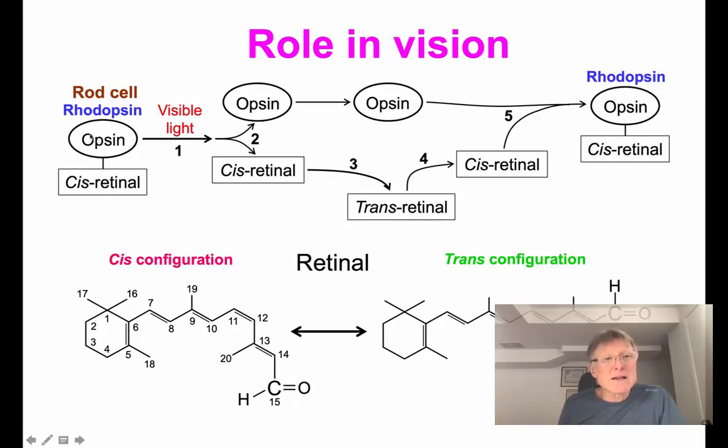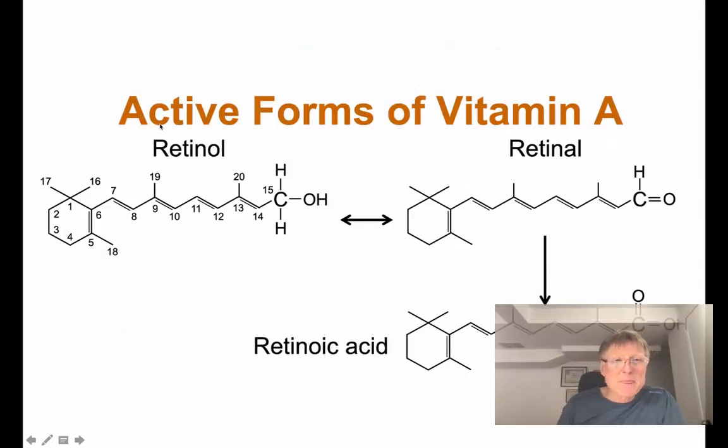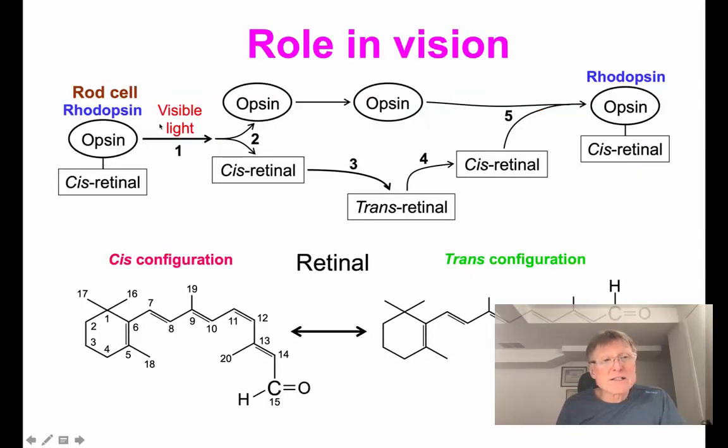Now what happens is that when light goes on, the visible light actually splits opsin from cis-retinal. So these two components of your rod cell in your eye are split by visible light.